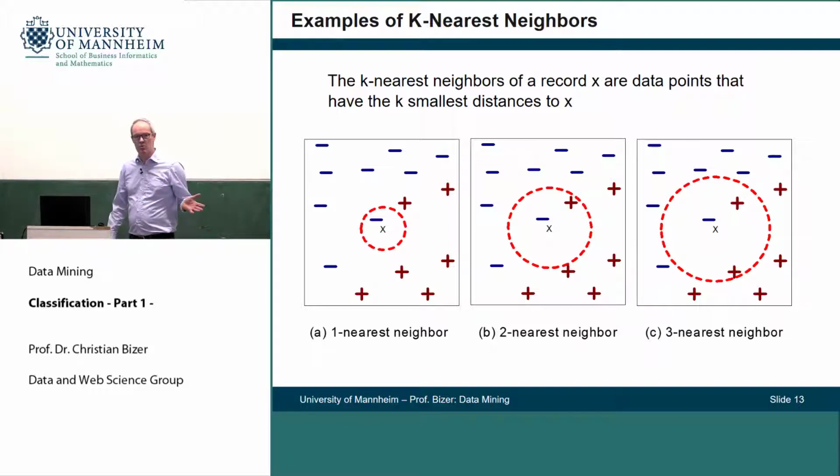So there's a tendency to use larger K values so that single noise points don't influence our classifications. 2 might be an option, 3 might be an option. Of course, we see things get tricky here already because there's this close point and the 2 further away neighbors hint into a different direction. So we don't know if 3 is a good selection here for this parameter. There are arguments in both directions.